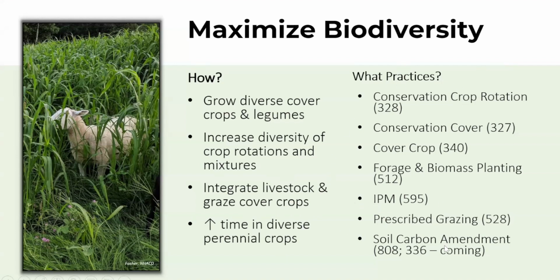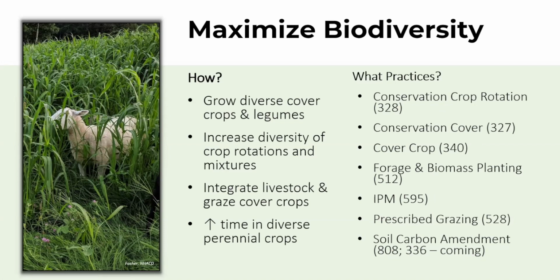And again, the NRCS practices here, you'll see cover crop is in the list. Also conservation crop rotation, conservation cover, forage and biomass planting, integrated pest management, prescribed grazing, and soil carbon amendment, which is a new interim practice that's been around for several years. And 336 will be the code once that is finalized.